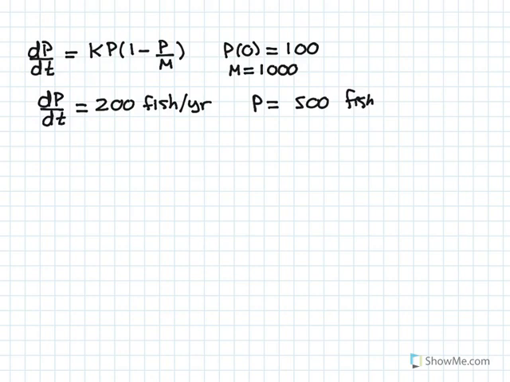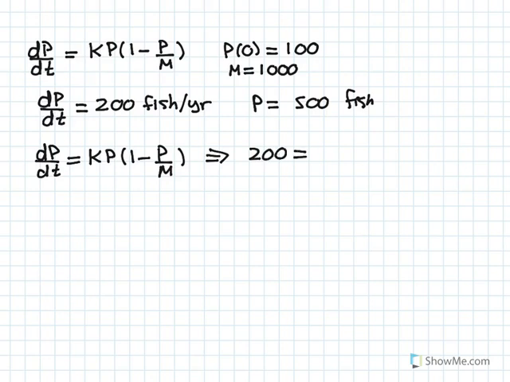All right, so let's apply the logistic differential equation to solve for k. We have dP/dt is equal to kP times 1 minus P over M. Now dP/dt, the rate of growth of the fish, is 200 fish per year, is equal to k, and the population is 500 at that point in time, times 1 minus P, which is 500, divided by the carrying capacity, which is 1,000.